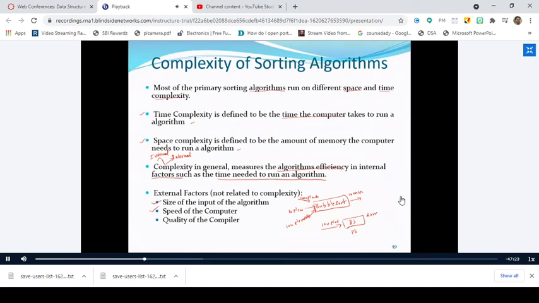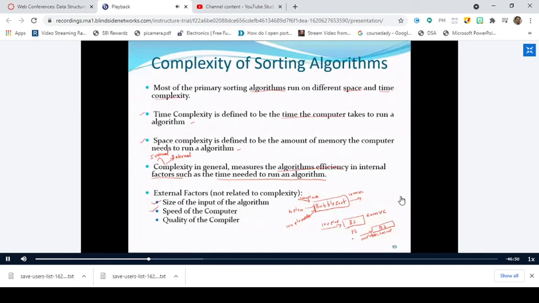Now you take an octa-core processor, and you try to execute this bubble sort algorithm with the same number of elements. Don't change the number of elements. You take the same inputs, the same conditions and the same environment, except you execute the algorithm on different processors. One processor is running at very low speed, and another processor has very high speed.